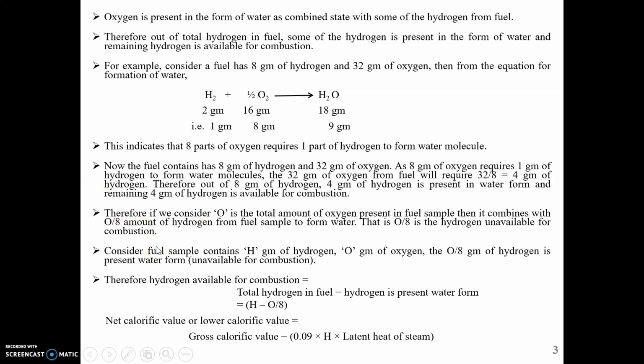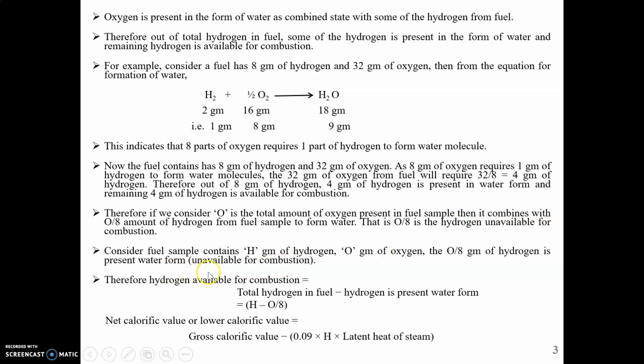Now, in order to simplify this statement, we can consider the equation for the formation of water. Here, 8 gram of oxygen combines with 1 gram of hydrogen to form 9 gram of water. Therefore, O gram of oxygen will combine with O/8 gram of hydrogen to form water. That means O/8 gram of hydrogen is unavailable for combustion.